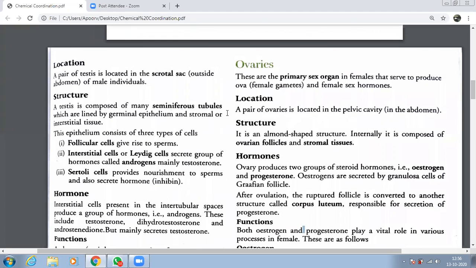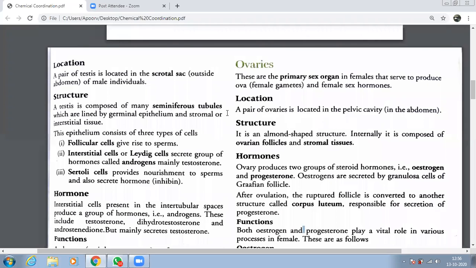Let's move on to the hormones. Here we have two groups of hormones, that is estrogen and progesterone. Estrogens are secreted by the granulosa cells. Remember, estrogens are secreted by the granulosa cells. And after ovulation takes place, the ruptured follicle is converted into another structure which is known as corpus luteum.